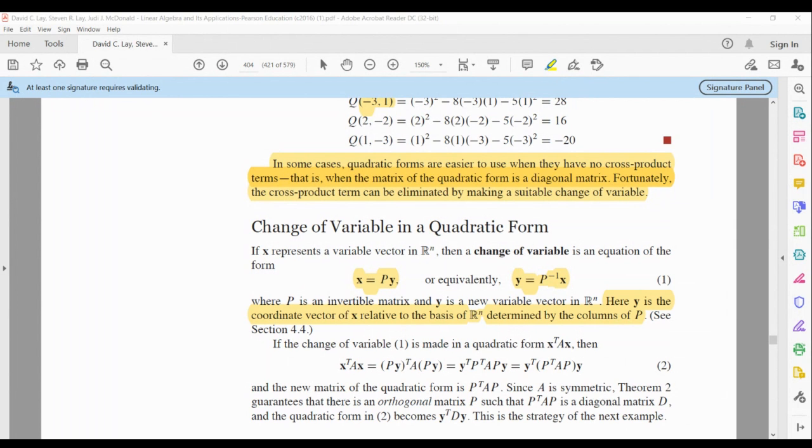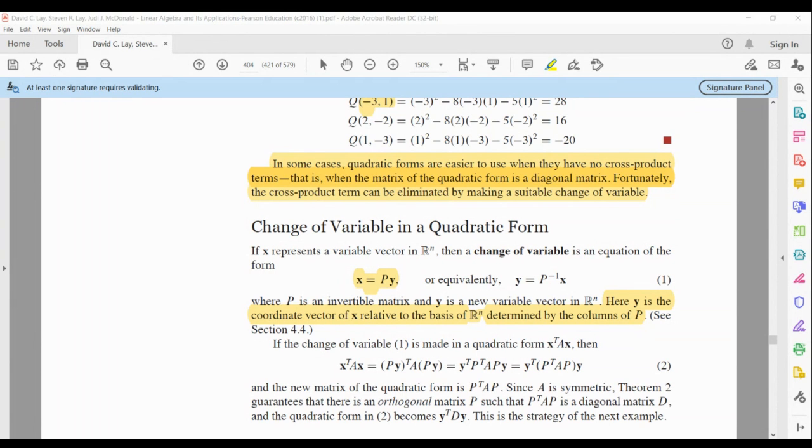Looking at the left, if the vector x is equal to a matrix P times a vector y, the matrix product P times y can be thought of as a linear combination of the column vectors of P whose weights or coefficients are the entries of y.